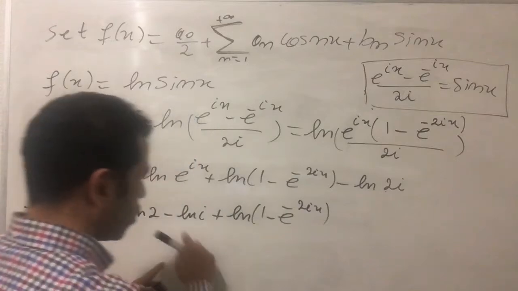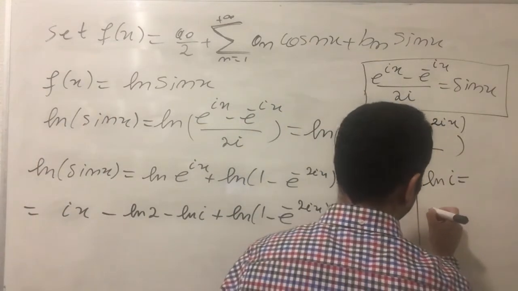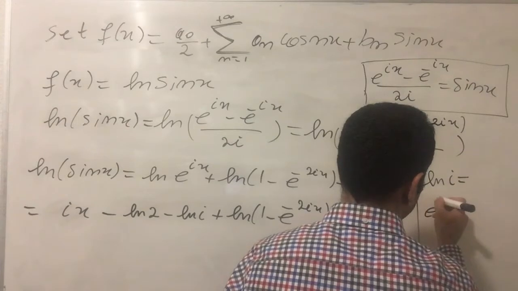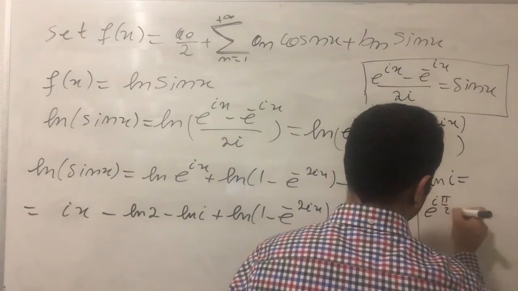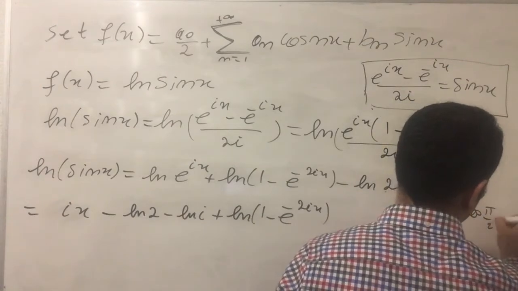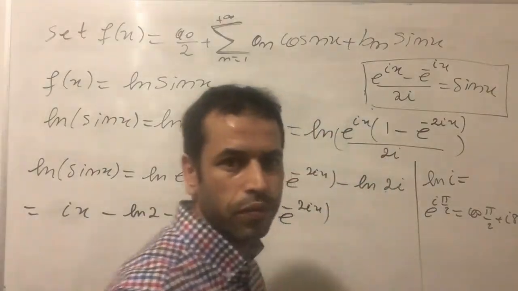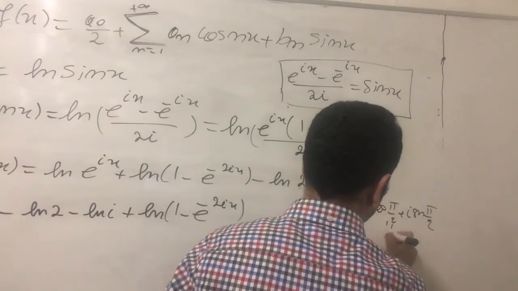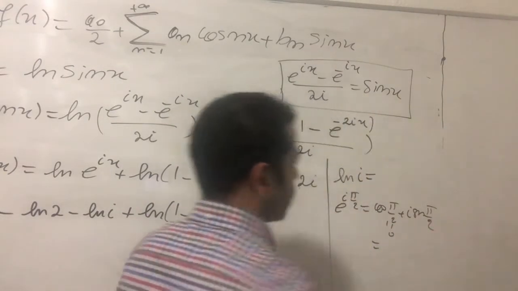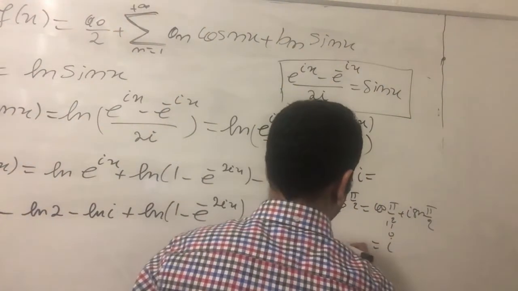If you take a look here, for natural log of i, we have e to the i pi over 2 equal to cosine pi over 2 plus i sine pi over 2, okay? So cosine pi over 2 equals 0 and sine of pi over 2 equals 1, which is i.